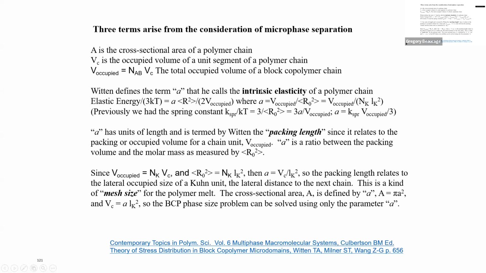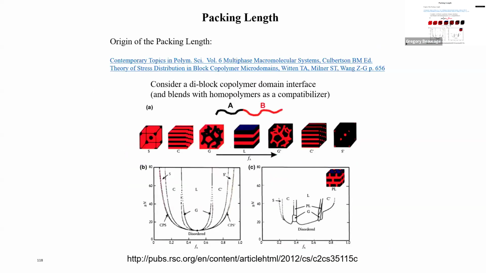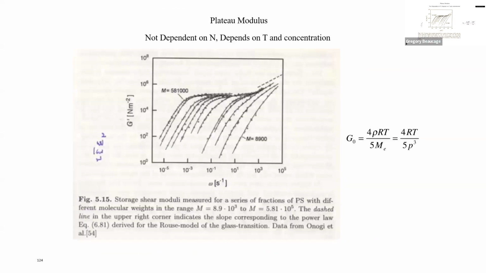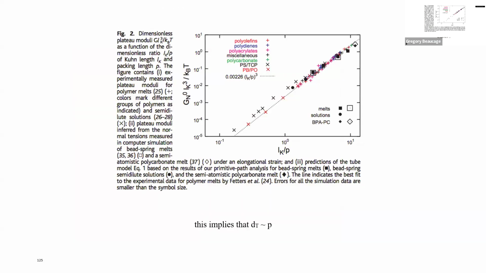So this idea of intrinsic elasticity that relates back to the plateau modulus is in that paper, and then the packing length term is in that paper too. It has nothing to do with the plateau modulus, which is the main application of it afterwards. So it's kind of funny, by messing around with this kind of thing he ends up with something that gives you the plateau modulus. It's kind of an interesting little weasel thing.